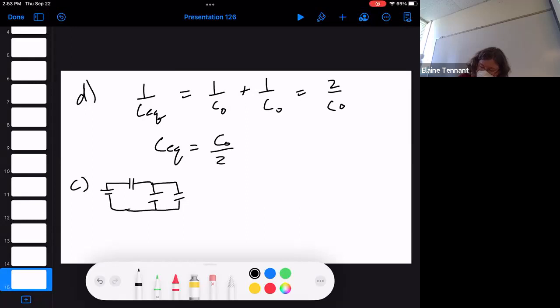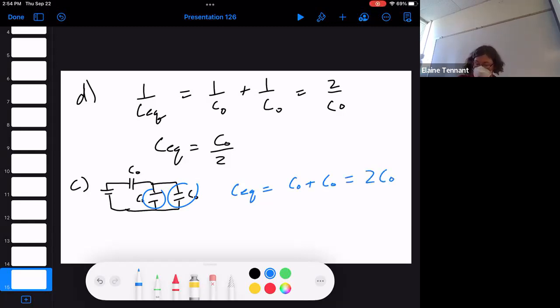So looking at this, can we say anything in this circuit is truly in series? That everything that goes through one of the elements, all of it goes through the second element? No, okay. So we're not going to do anything in series at first. How about parallel? Is anything truly in parallel? Those two. Okay, so we're going to take these two, and we're going to say C equivalent equals C naught plus C naught, because they're in parallel.